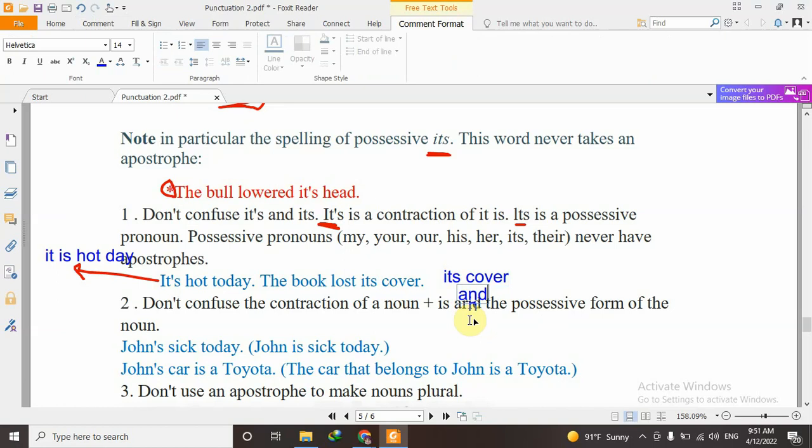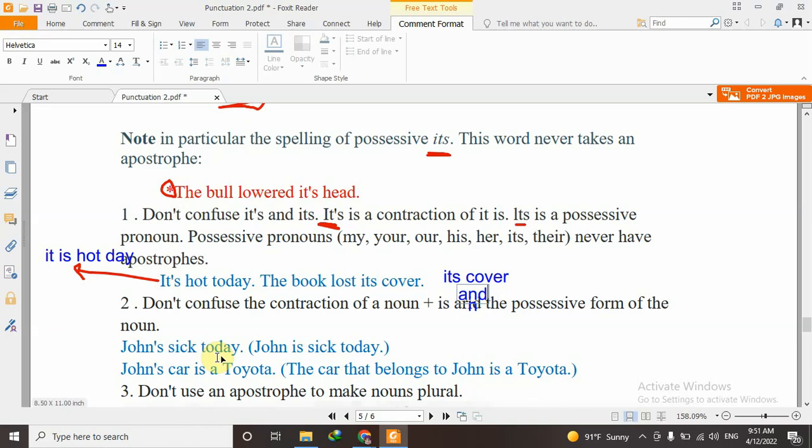"Jack's sick today" differs from "Jack's car is a Toyota". In the first one, "Jack's sick today" does not make sense as a possessive; we would say "Jack's illness", because illness is the noun.